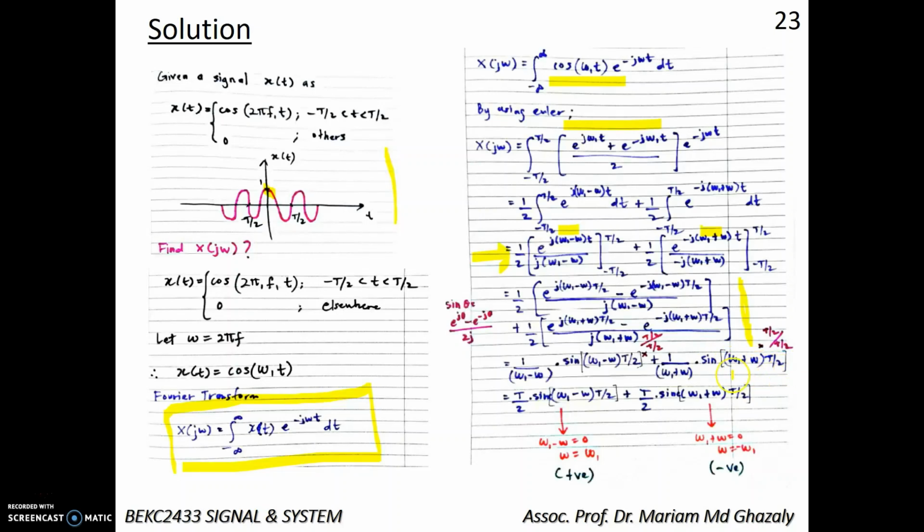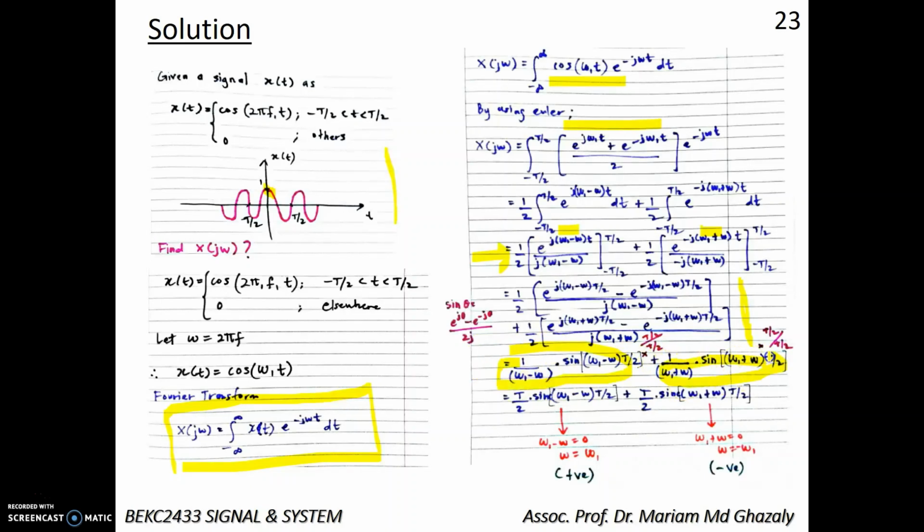So from here we want to reorganize it again into a sinc signal. A sinc signal has omega 1 minus omega over t over 2.